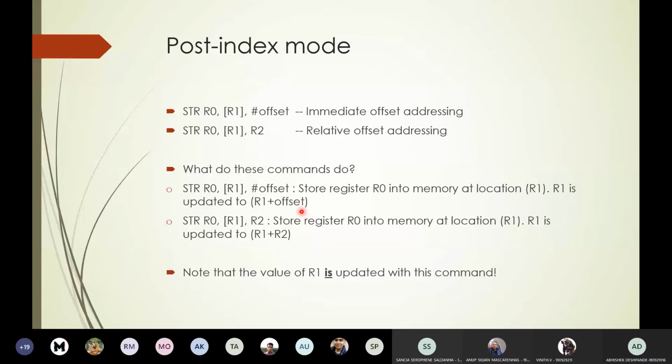So each time you access it at R1 and then change R1 to R1 plus offset. So R1 comma R2 will update it to R1 plus R2. And in this command, the value of R1 is updated, but you access the memory at location R1, just R1, sorry.